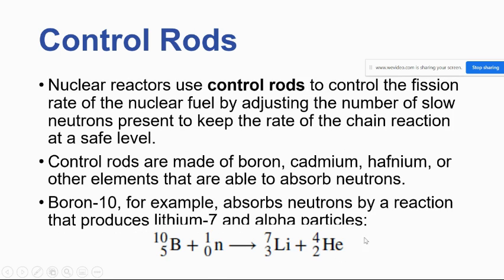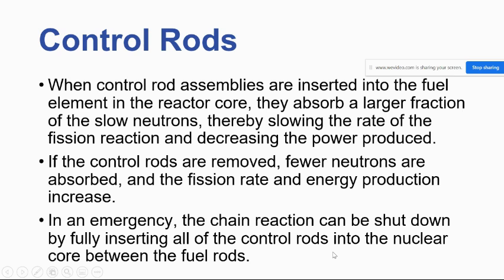So it'll take one in, but it doesn't give any off. The control rod assemblies are inserted into the fuel element. They're going to absorb those slow neutrons. And the fewer neutrons are absorbed, the more the reaction will increase. And in emergency situations, they can drop those control rods in between the fuel rods and it'll soak up every neutron.